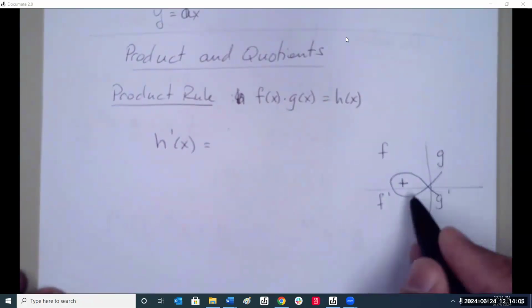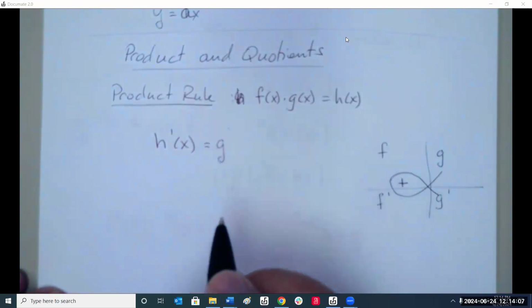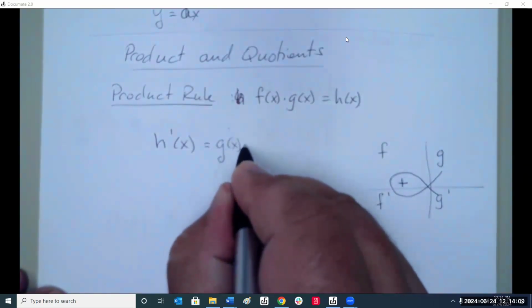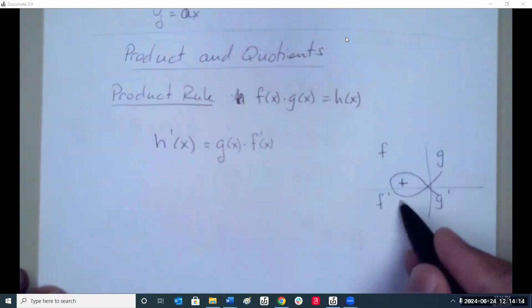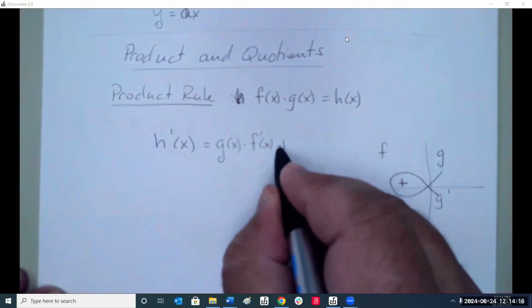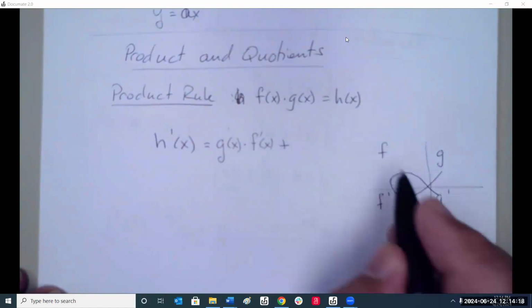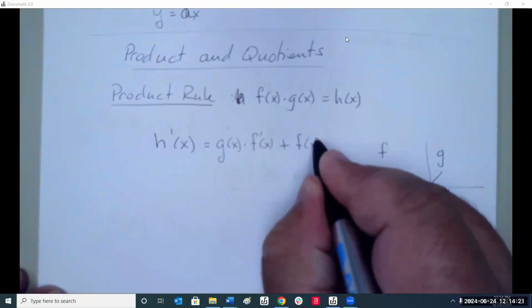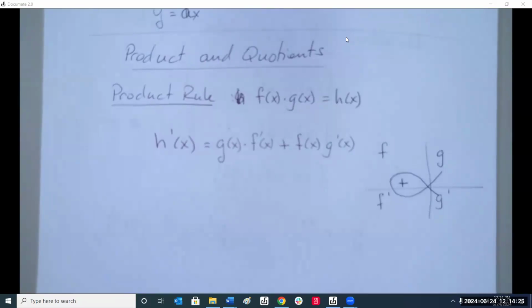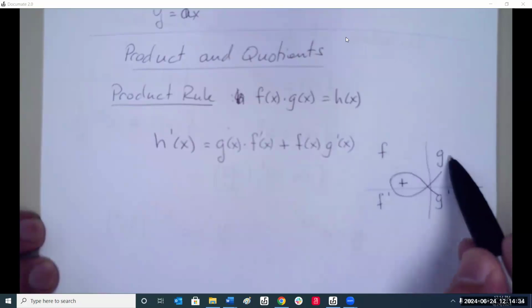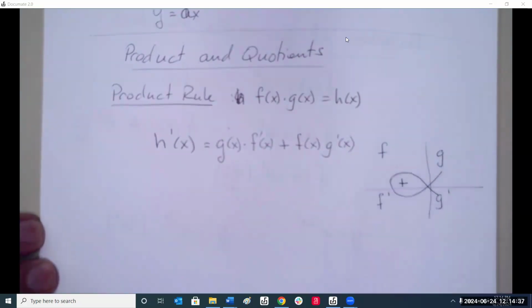It's going to be g of x times f prime of x. Let's multiply these two together. Add f times g prime. So whatever your f and g, f prime, g prime, do a little fishy thing.